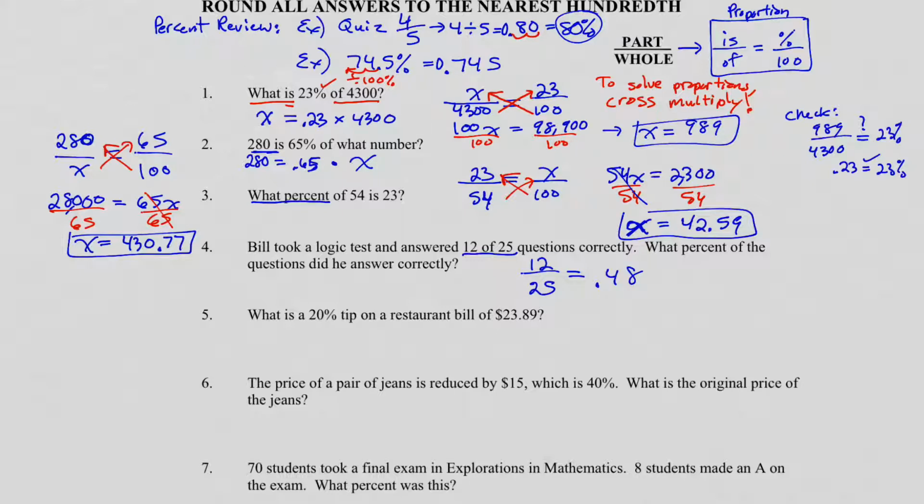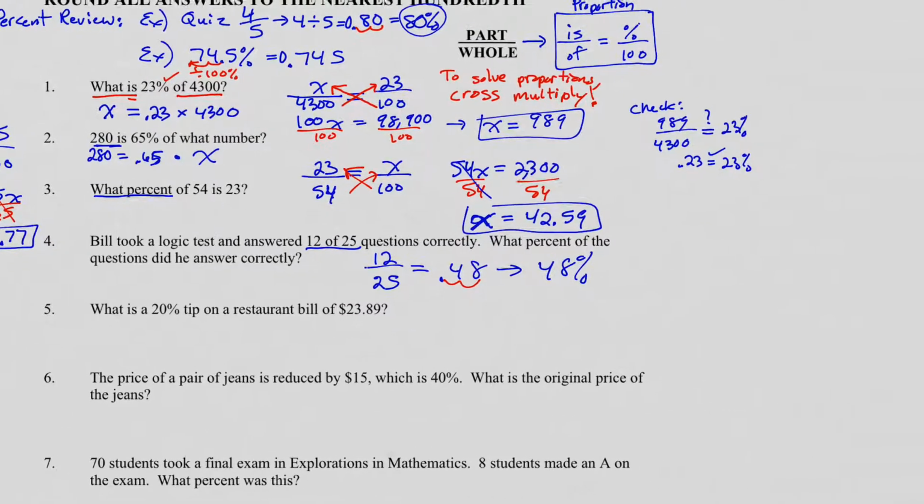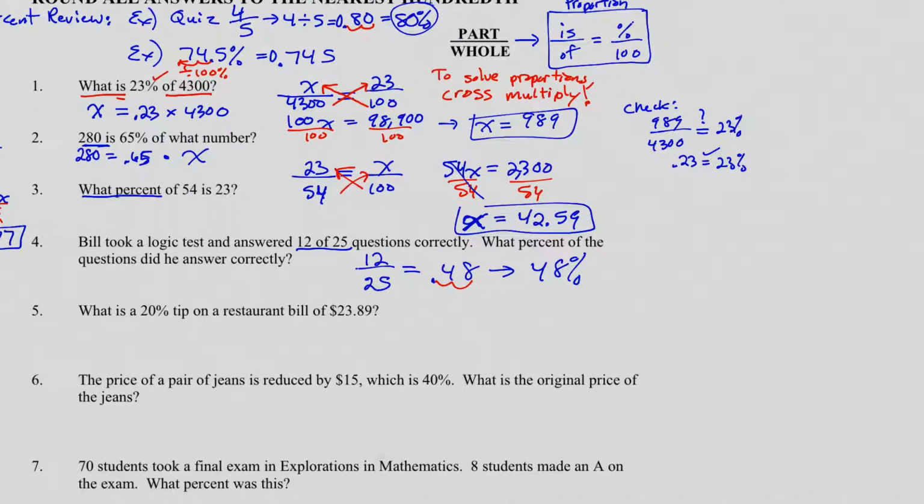It's less than half. And of course, we're going to move the decimal over 2 places and get 48%. Okay, so if you have the fraction, you can just do that. If you want to do the proportion, then you're going to have to do 12 out of 25 equals x over 100. Okay, you're going to get the same thing.